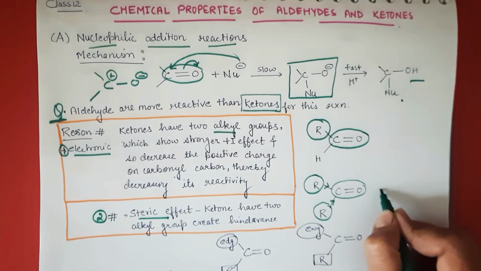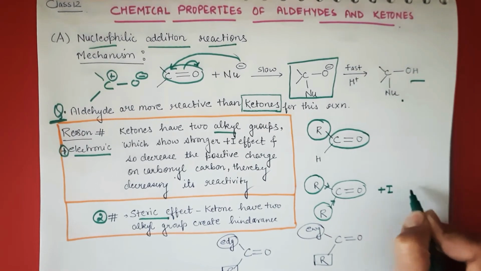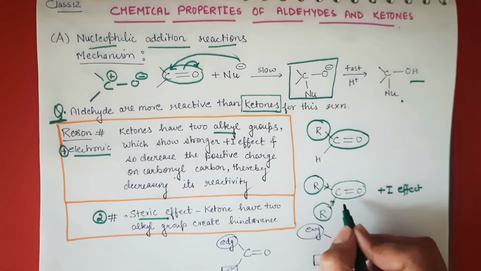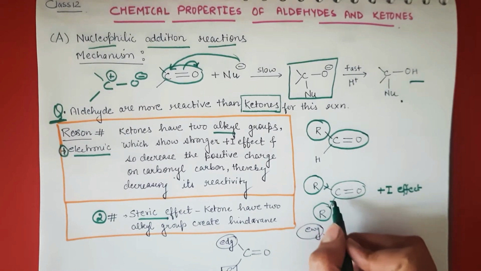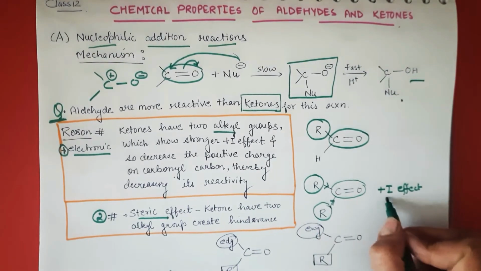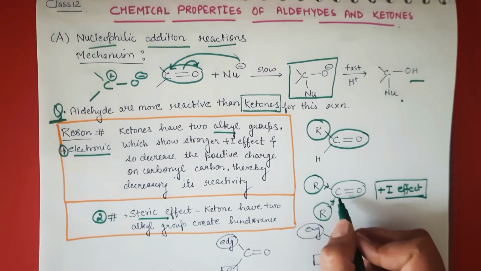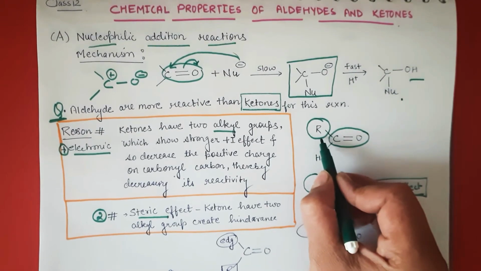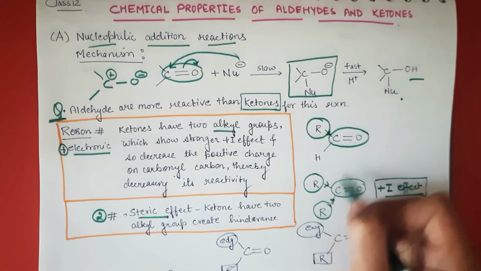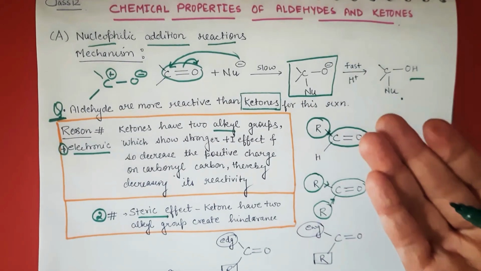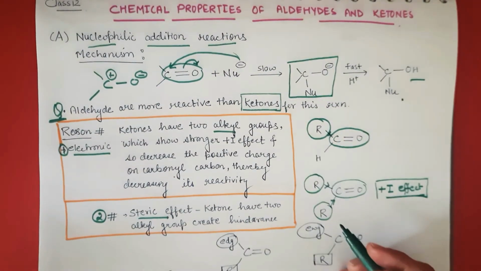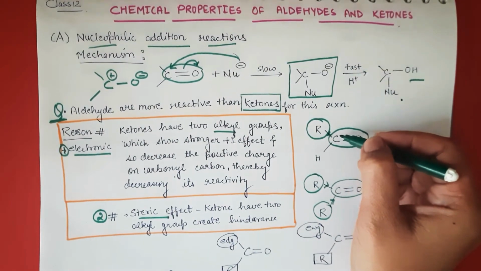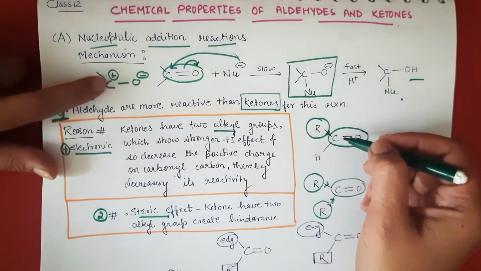As we know, an alkyl group shows a plus I effect. It means it donates electrons. So the alkyl group showing this effect increases the density on carbon. But in case of aldehyde, only 1 alkyl group is here, so only a single effect is here. This donation of electrons balances the positive character of carbon.